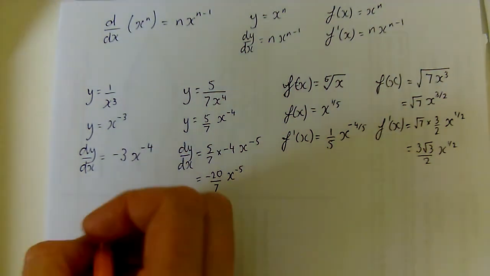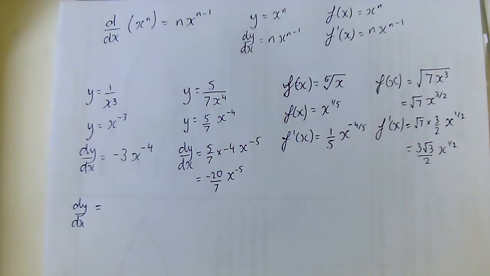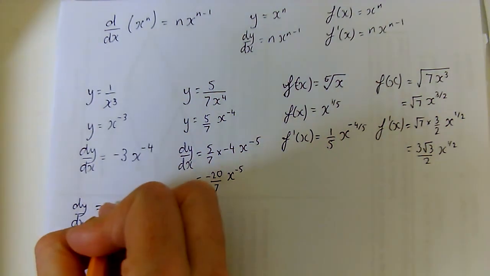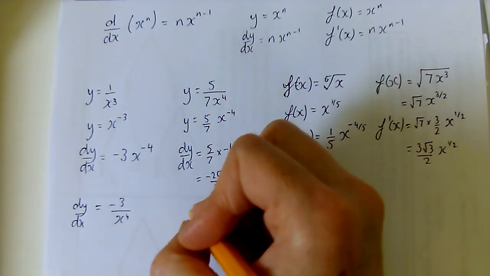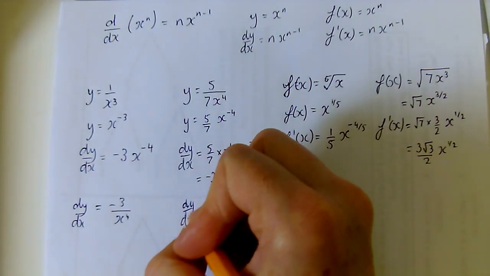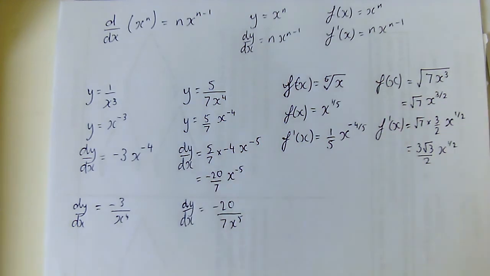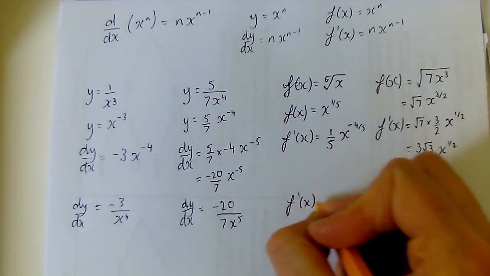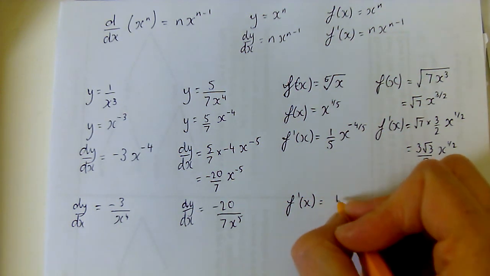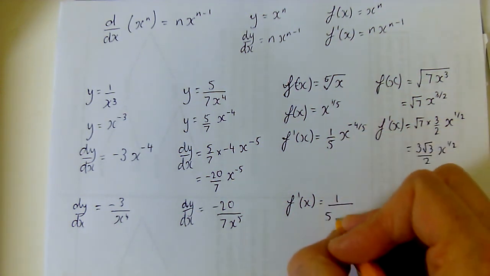Then it's easier to deal with if you turn it back into the fraction or root format. So you'd have negative 3 over x to the 4 for this one. Or for this one, we'd have negative 20 over 7x to the 5. For the next one, we'd have 1 over 5, and it's flower power underground roots.